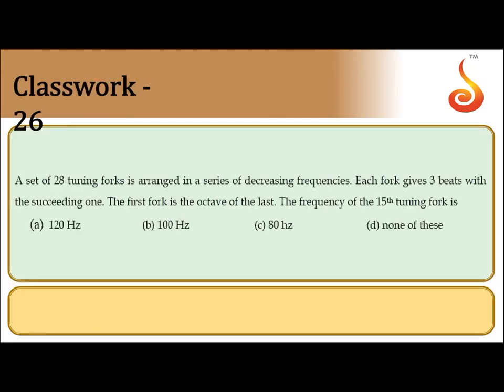Yes, we shall move on to next one. A set of 28 tuning forks is arranged in series of decreasing frequencies. Each fork gives 3 beats with the succeeding one. First fork is the octave of the last. The frequency of 15th tuning fork is. So you need to find the frequency of 15th tuning fork.